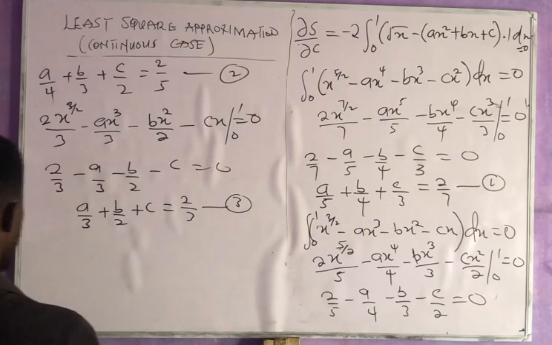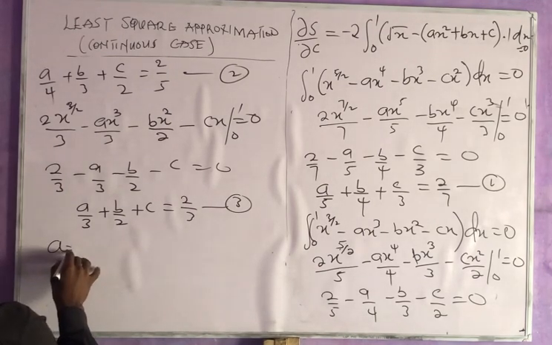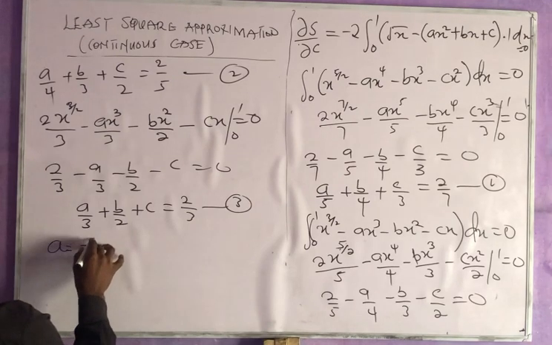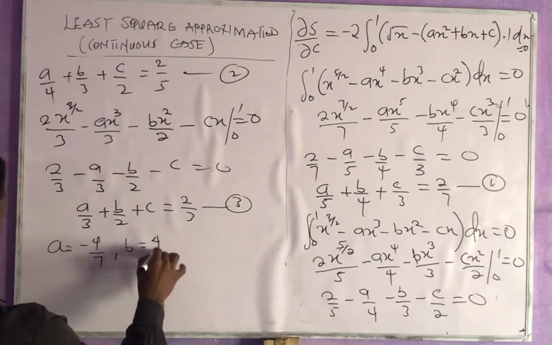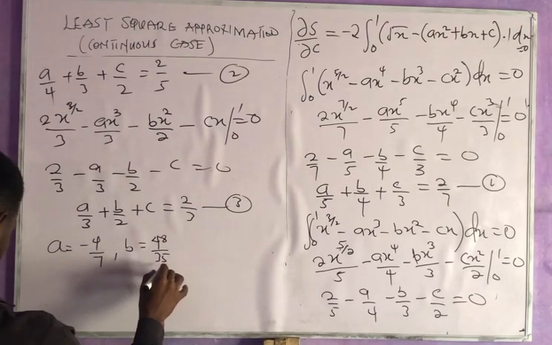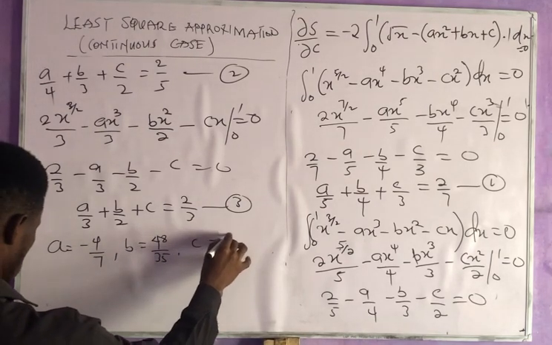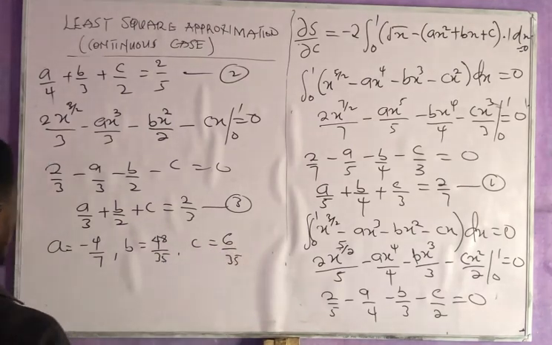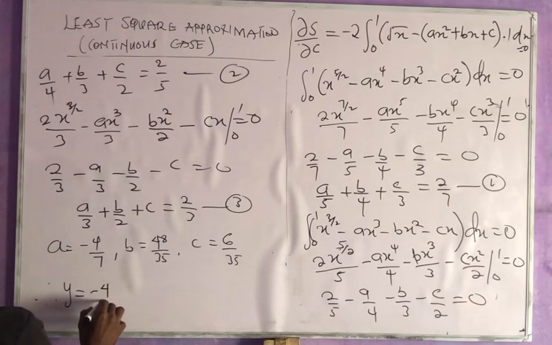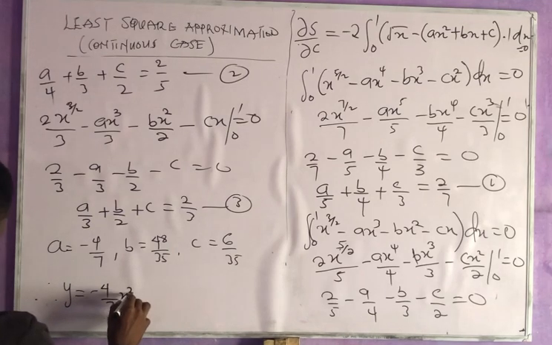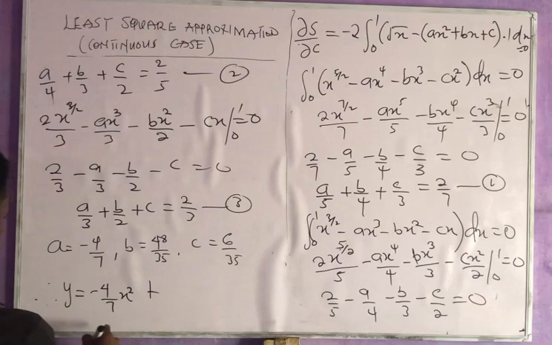So if I use the calculator, I have my a to be negative 4 over 7, b to be 48 over 35, then c to be 6 over 35. So this is what we have. Therefore, the line was y equals ax squared plus bx plus c.